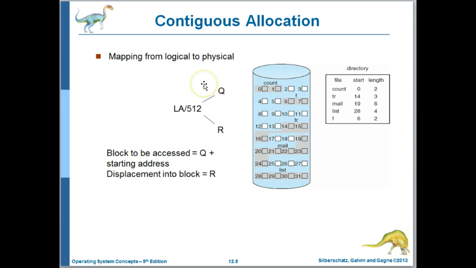The quotient is the block number relative to the starting block. So take that, add it to the starting block number, and then the remainder is the offset within the block.